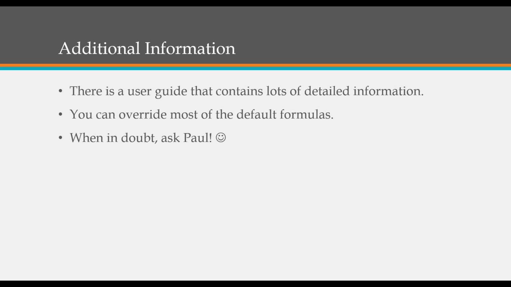That is found in that user guide that you'll find online. And also you can override most of the default formulas. So for workers relocating, I'm not sure if you noticed, but the default on that was 17.5%. But let's say you're working with a project and you know that 50% of the workers are going to be relocating. You can override that formula so that those will carry throughout the ROI.